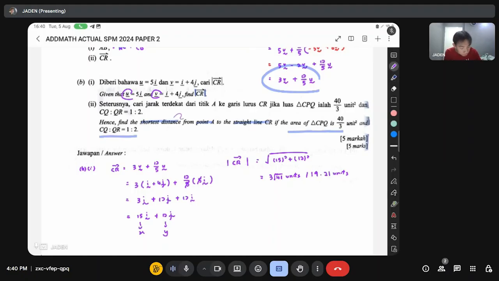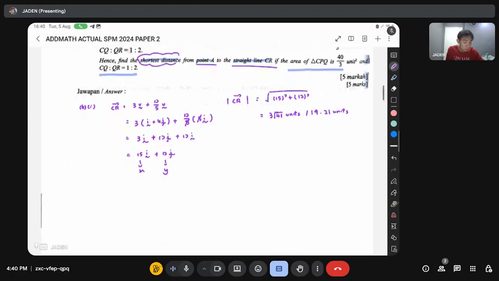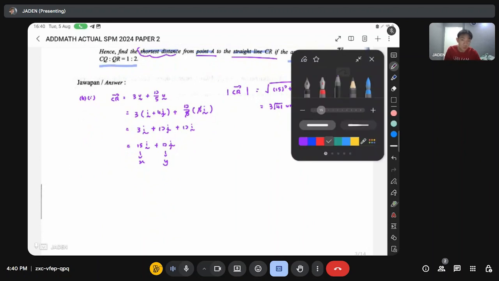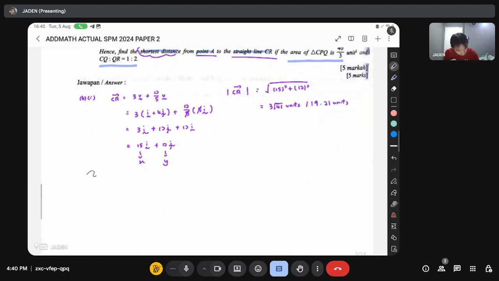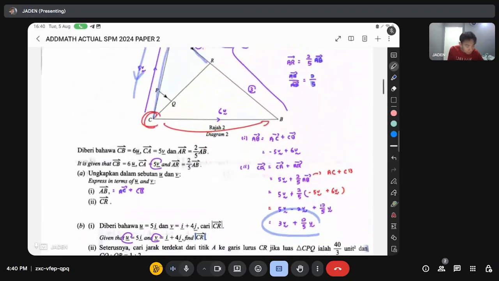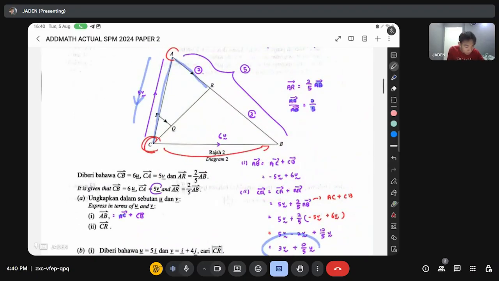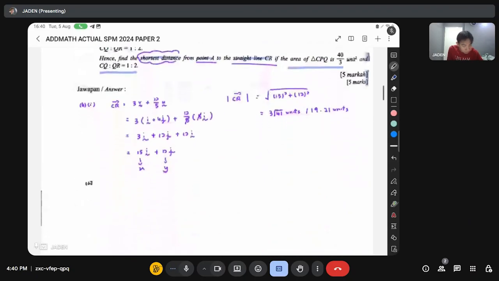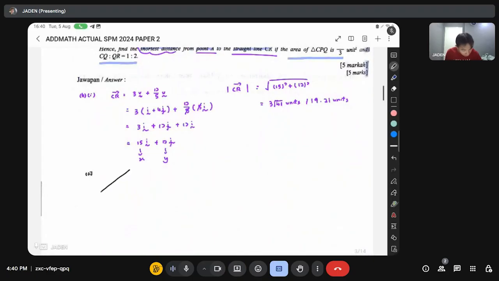First of all, what is the shortest distance from point A to straight line CR? Let me put this into a picture so that you are clear on what you are looking at. I'm going to recreate the triangle here, A, C, and R. So A, C, and R looks something like this.